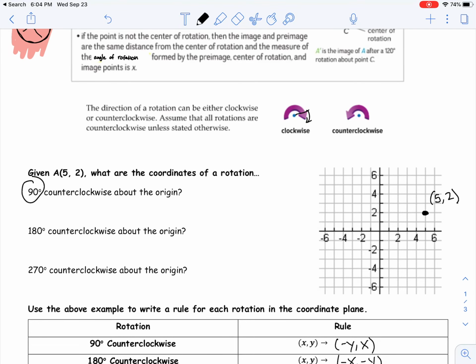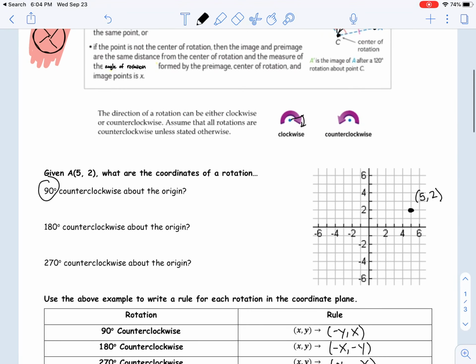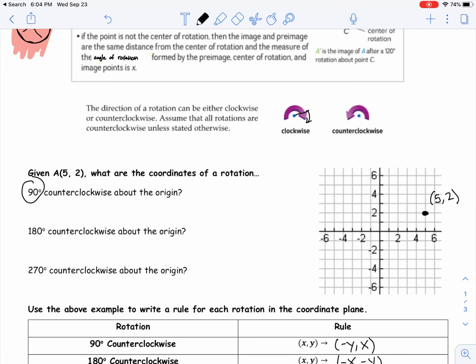So if that's true, the best way I can kind of show you what we're doing here is I'm going to have to turn my iPad, and I want you guys to turn your Chromebook as well. And picture, if you have it normal, my x-axis is obviously right here, and my y-axis is right there. But if I turn it, I want you to pretend that this is your x-axis and this is your y-axis.